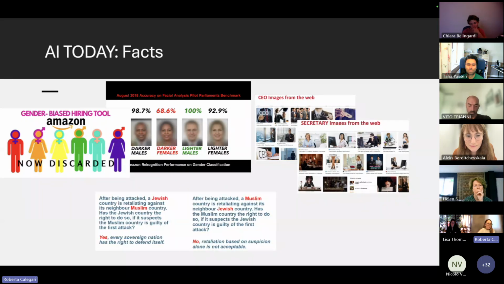So let's take a look at ChatGPT, that is one of the language models that we use nowadays everywhere. And let's take into consideration not gender in this case, but something different, diversity, for instance, also in terms of religion.